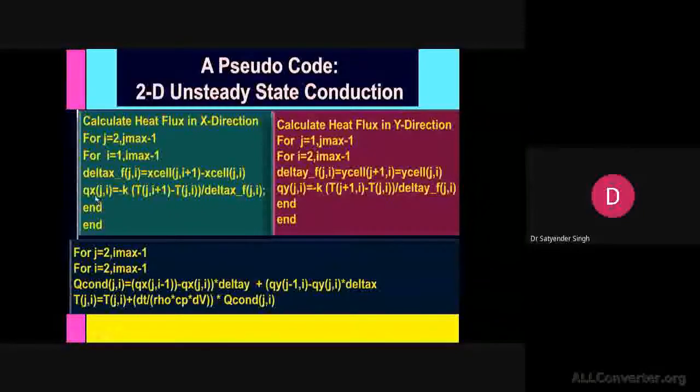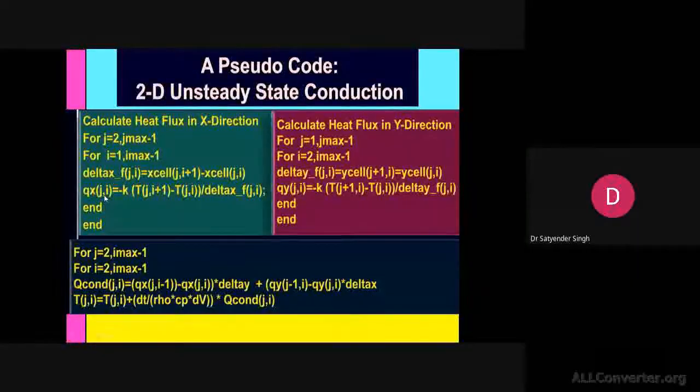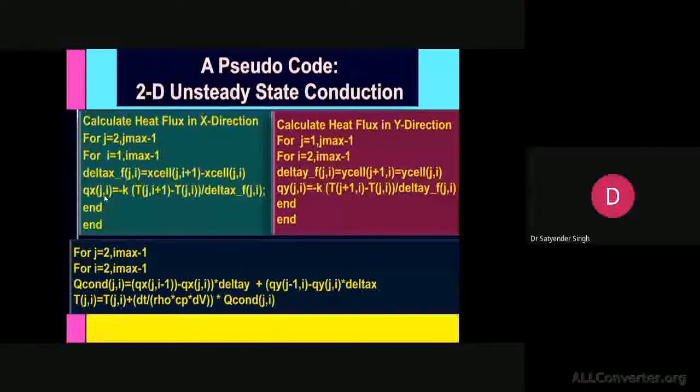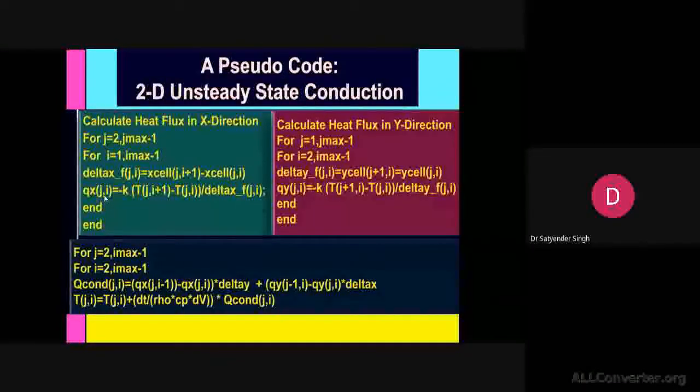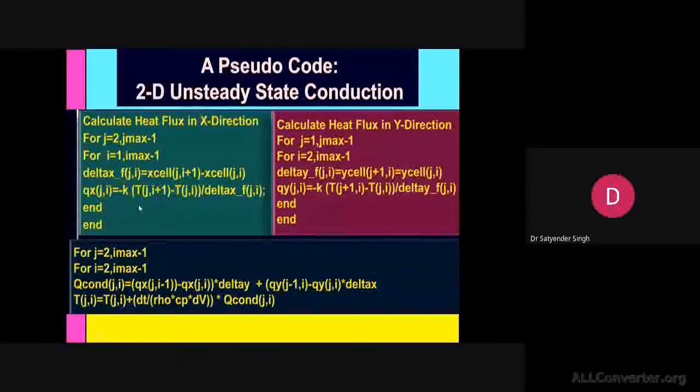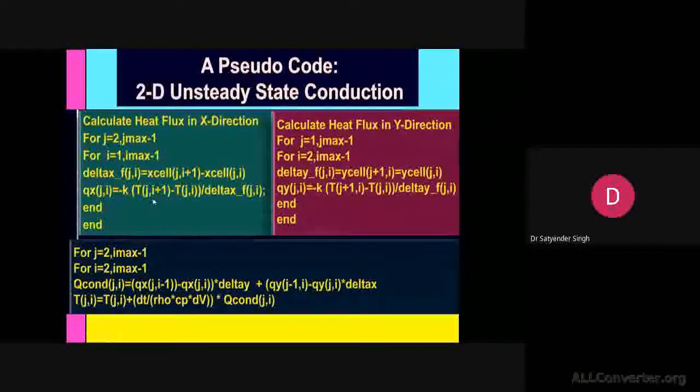So finally now we will calculate the fluxes. The flux as per the Fourier law will be k delta T by delta x. So delta T here will be, if you apply forward differencing, I plus 1 minus I, and delta x. Likewise for y, and then the conduction we have to solve.